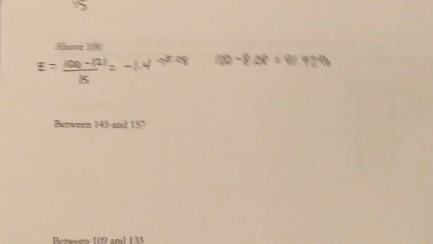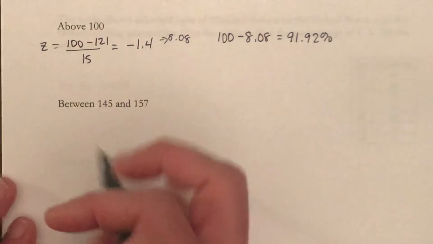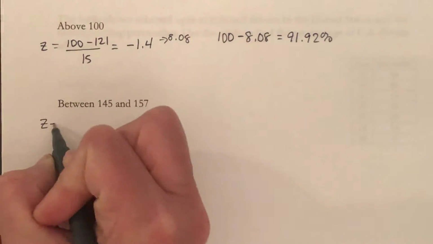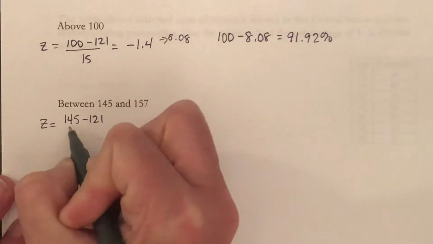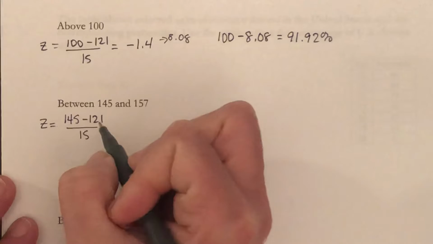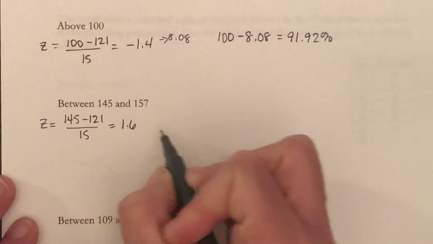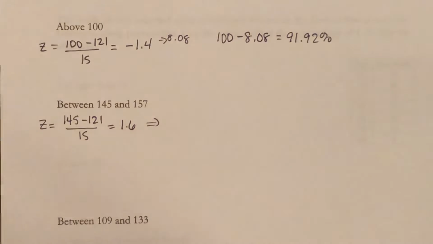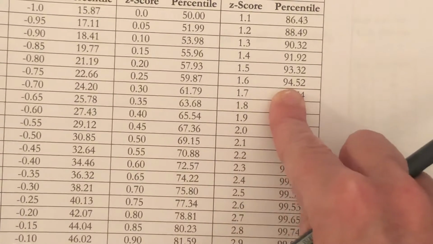Okay, between 145 and 157. So I need to find the z-scores for each of these. So 145 minus 121 over 15. That gives me 1.6. And that corresponds to 94.52.